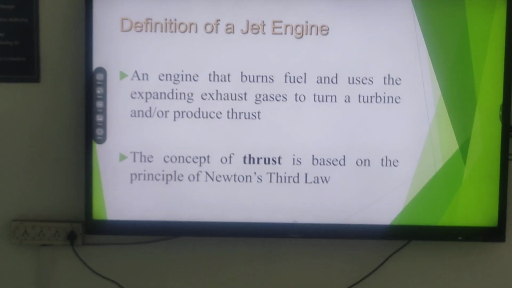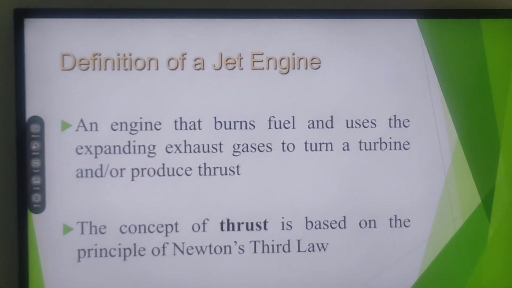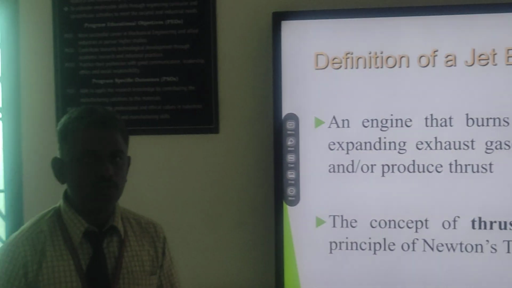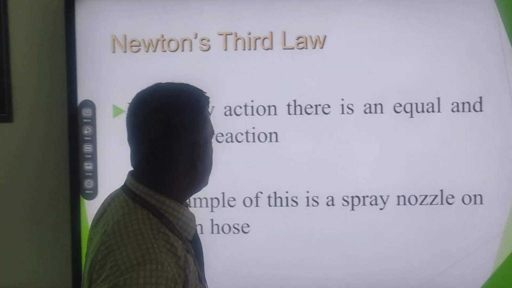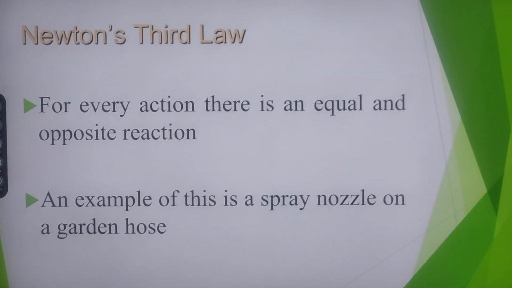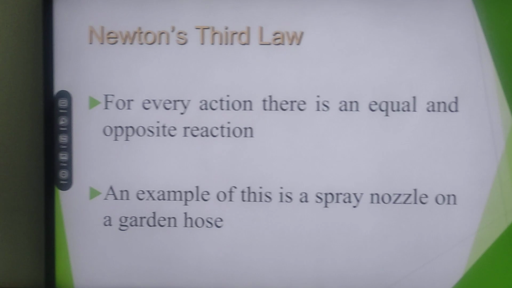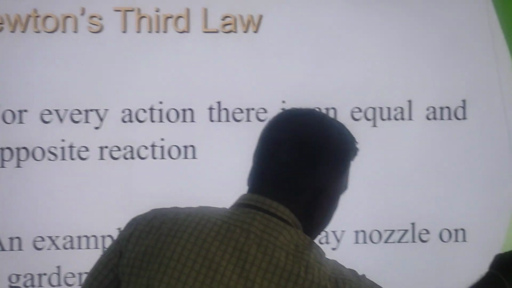The concept of thrust is based on Newton's third law: every action has an equal and opposite reaction. Thrust is produced for every action, with an equal and opposite reaction. Based on Newton's third law, jet propulsion works.